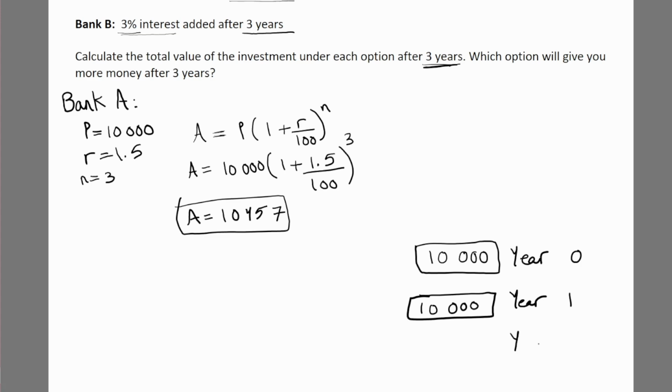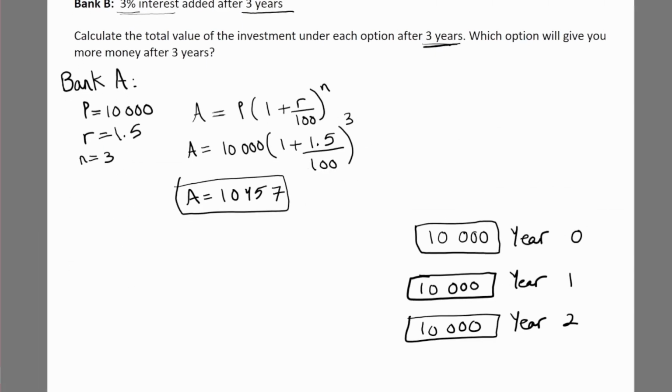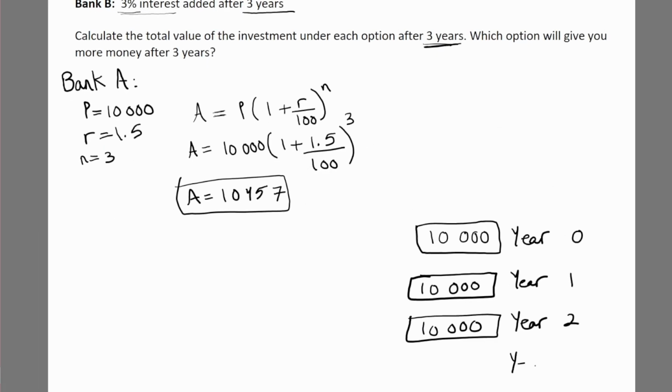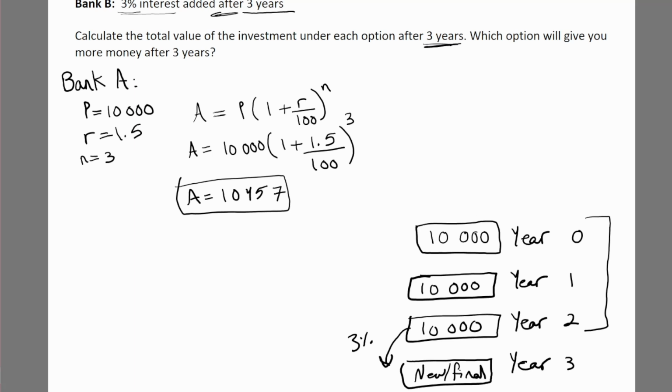In year 2, you will also have the exact same amount of money. You won't gain anything. However, in year 3, you will have 3% interest added, and that will be the final amount of money you have. This is where the wording can be a little tricky. It's added after 3 years. So right here you will have nothing. At the end of the 3 years, this is where you will get 3%.